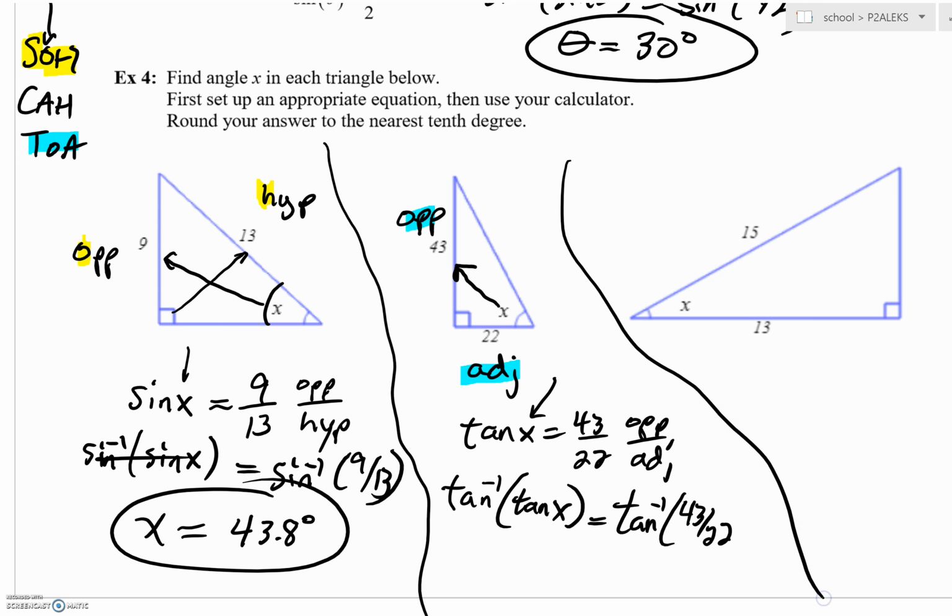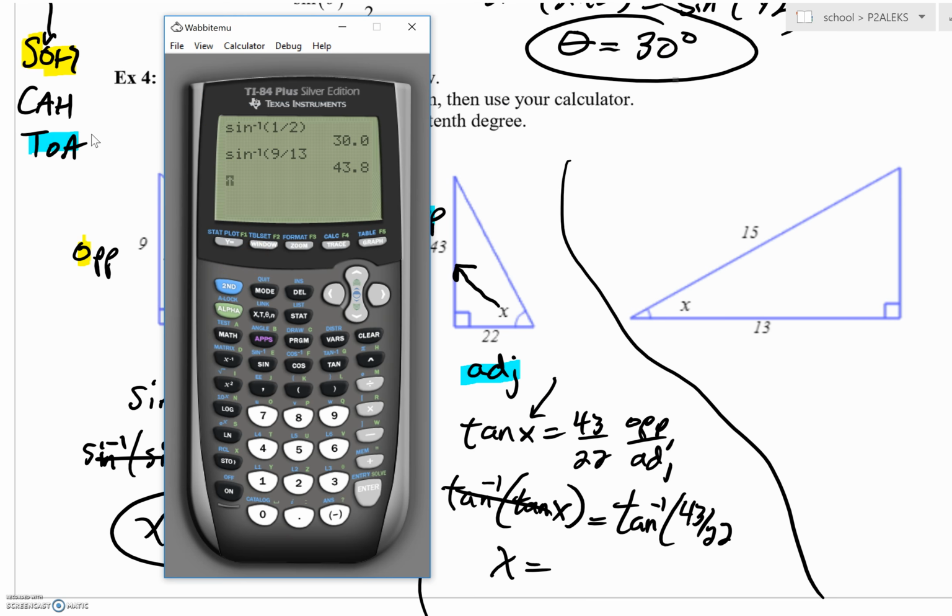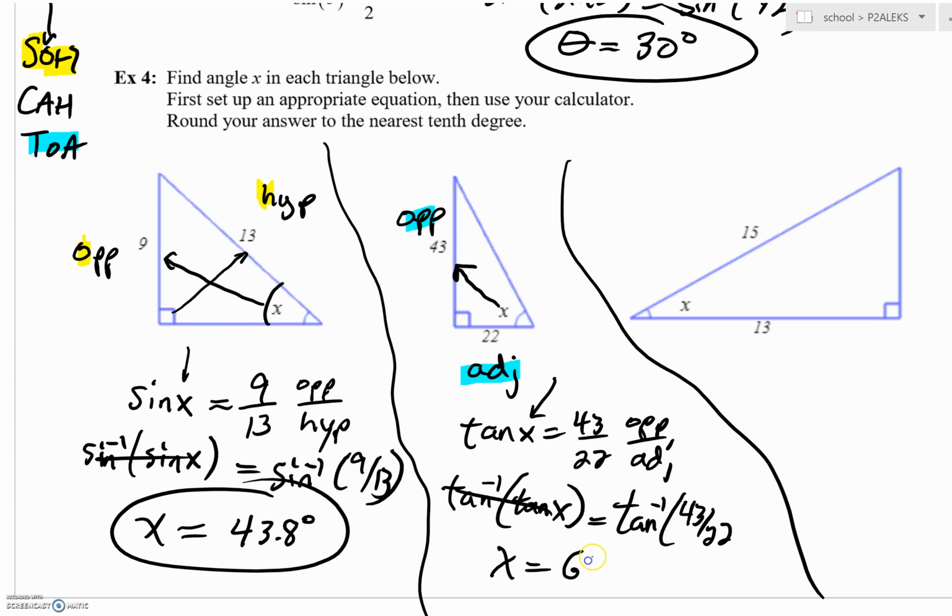And guys, that's pretty much just button pushing at this point. All you got to do is type in second tangent. Number one mistake is for kids to not have inverse tangent typed in. They just type regular tangent. You'd get 62.9 degrees and you are done. Okay, we okay with that one?